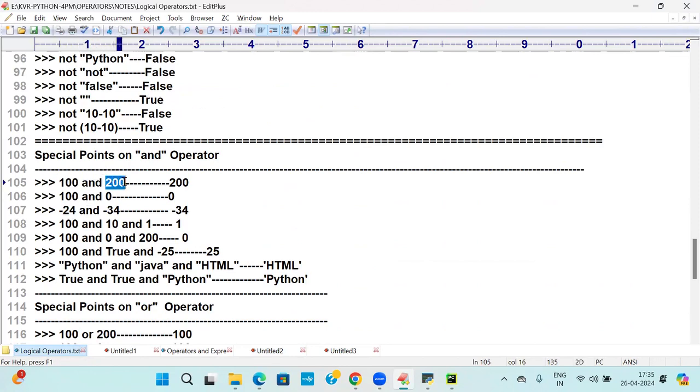Another non-zero is called true. Which one is becoming true? The second true will become the answer, because the AND operator will return the second one. The first one is true, so it will go to the second one. When the second one is true, the result is true. Which true is coming? The second true. So 200 is the answer. Okay, sir.